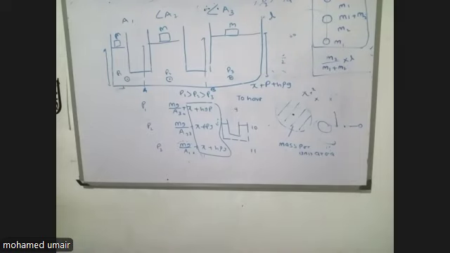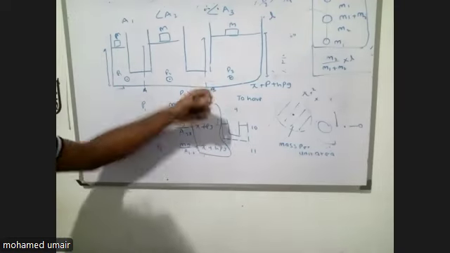What about that statement? What about statement number 2? When only A is open, P will rise up. It's wrong, okay? P has the highest pressure. So even if you open any of them, P has to move down.